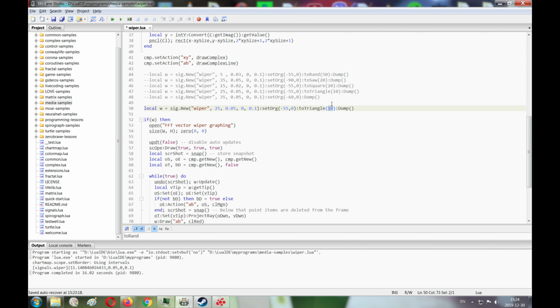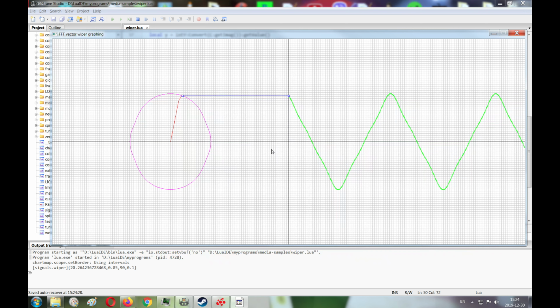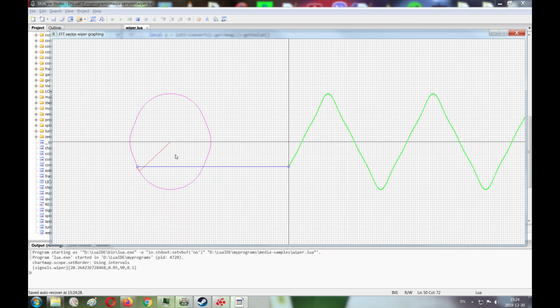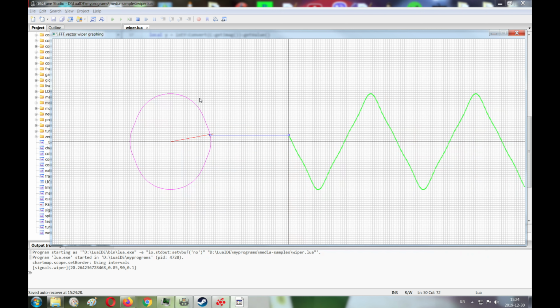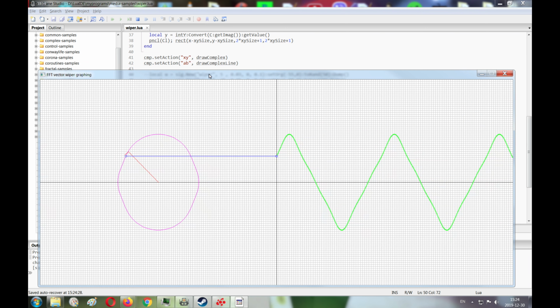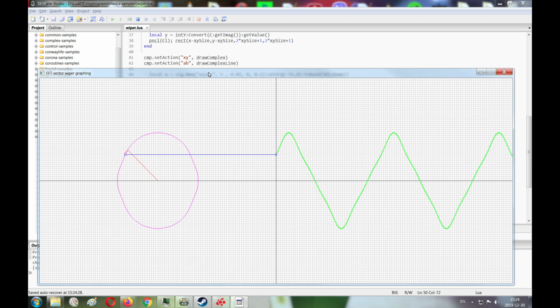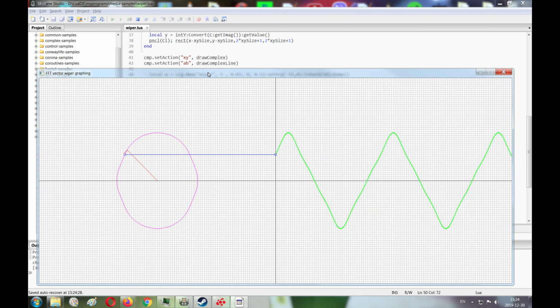If we do 3 harmonics there, we should have 3 radius vectors, and we in fact have 3 radius vectors, as you can see there, a long one and 2 tiny ones.